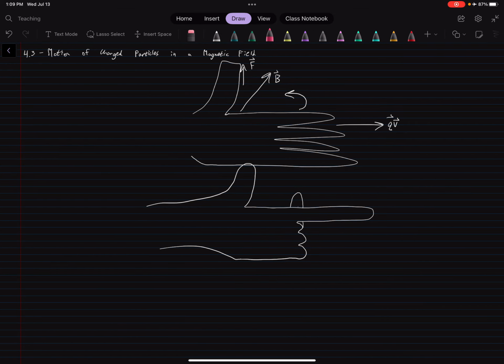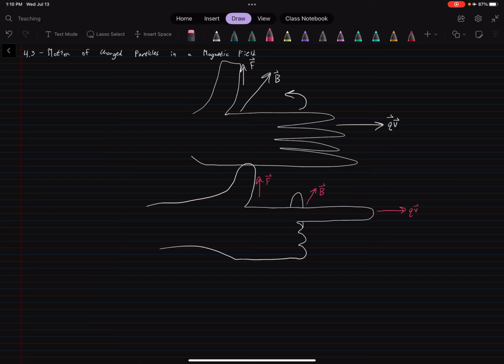So in this case, you have QV again, and then this one here would be your B, and the resulting force vector would be given by your thumb. So in this one, there's no motion of your hand.